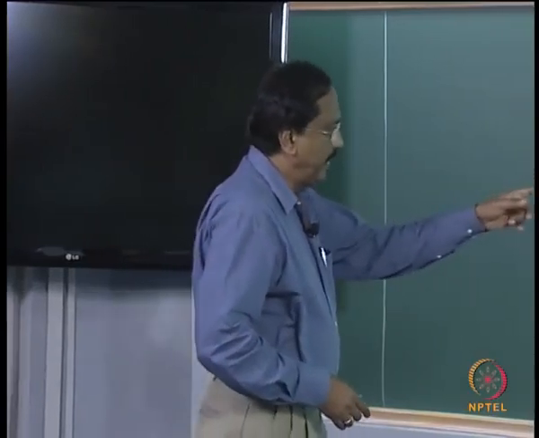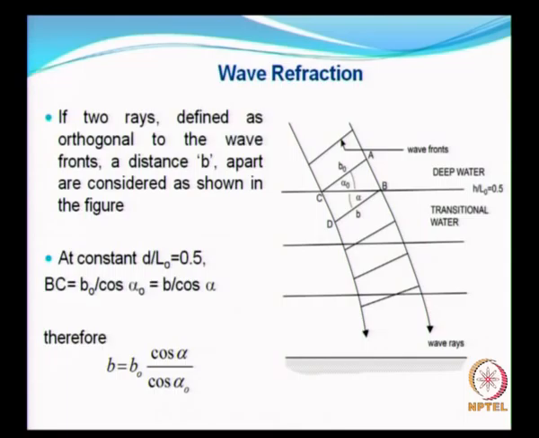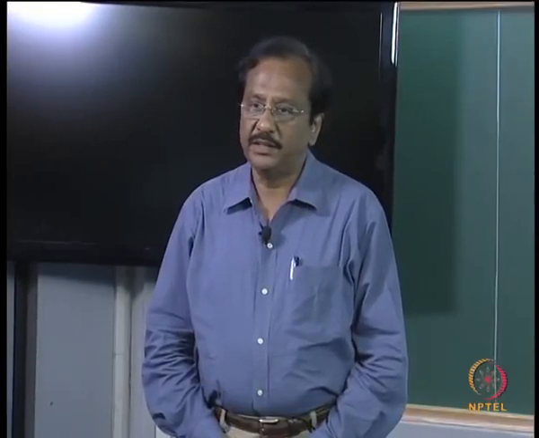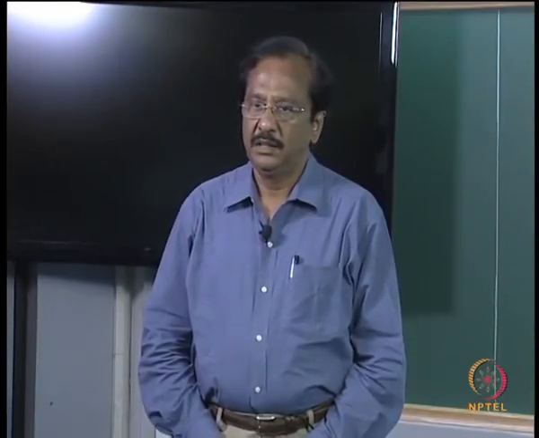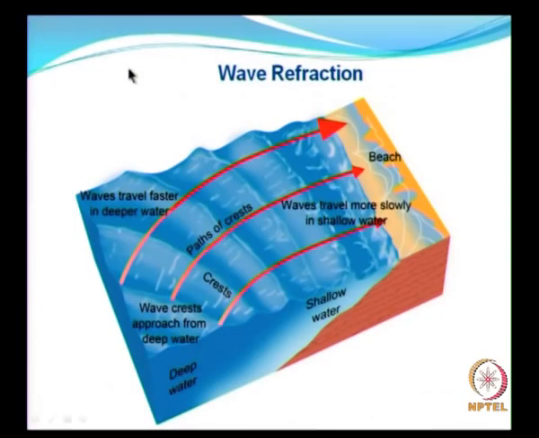Here we have a relationship between the distance between the orthogonals in the deep waters and the distance between the orthogonals in the transitional waters. Does it convey something? Yes, it conveys a lot. This is one of the basic phenomena which is extremely important, and let us try to understand this.